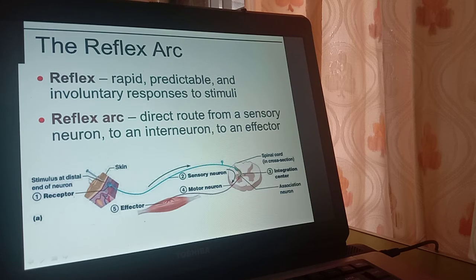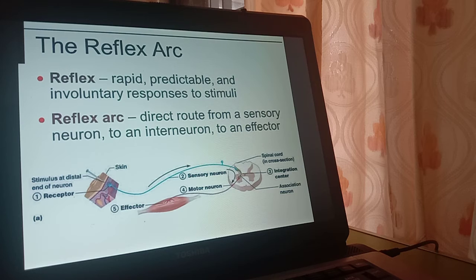I've given a diagram here, a skin. The example that I told you: you happen to walk barefooted, and supposing a nail pricks the skin, there is a stimulus at the distal ends of the neurons, which is the receptor. Now once it pricks, I get to know it's a pain and I pull my hand. But by the time I do this, there are some actions going on, all in a fraction of a second.